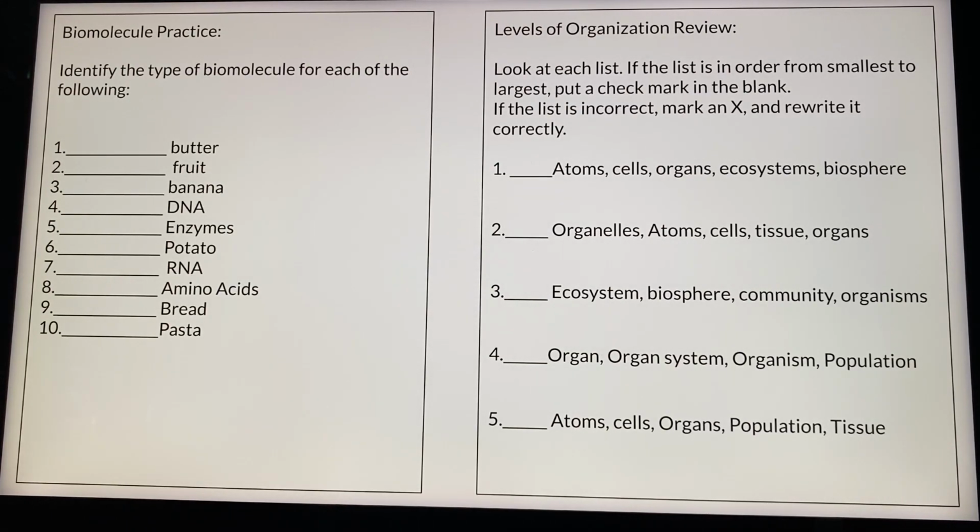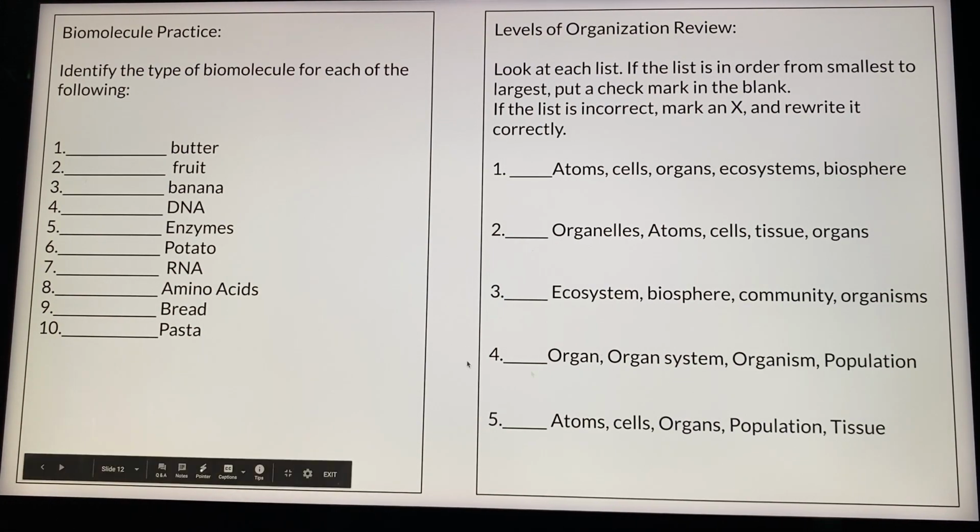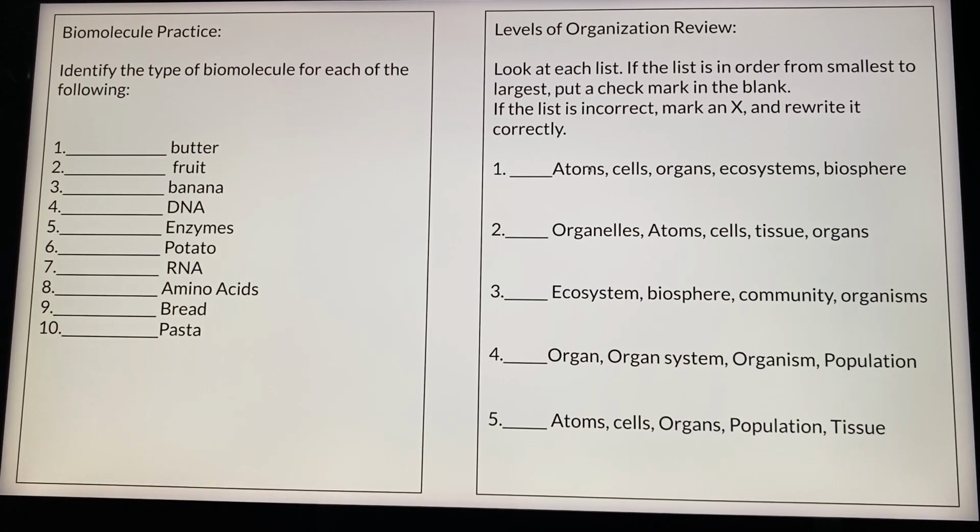This is a quick little practice. I don't want you to do the one over here on this side. On your own piece of paper, I want you to do the levels of organization. This we did last week, just as a quick exercise to see where we're at. Look at each list. If the list is in order from smallest to largest, put a check mark in the blank.